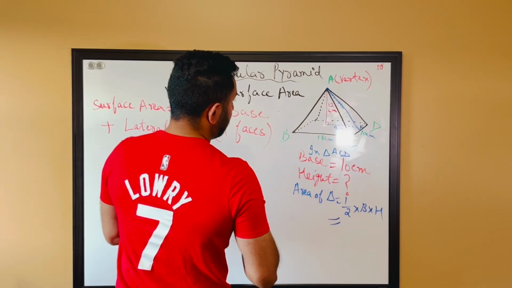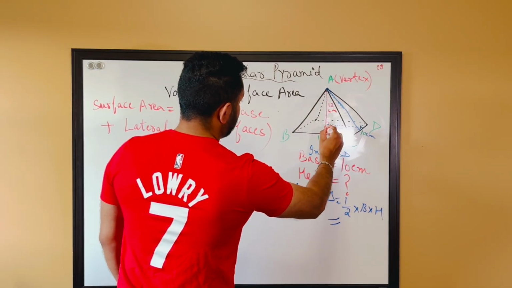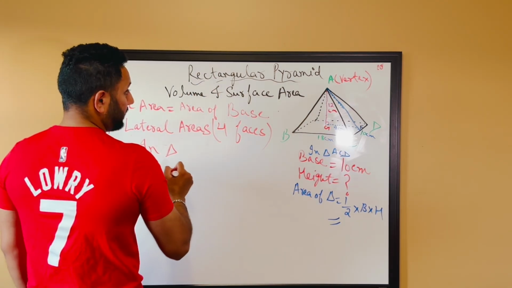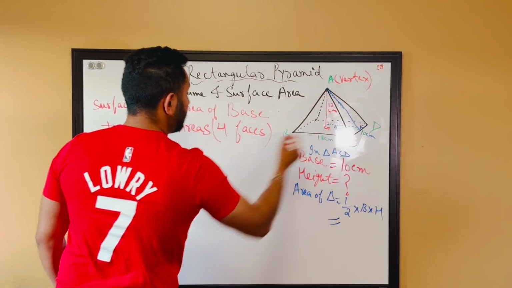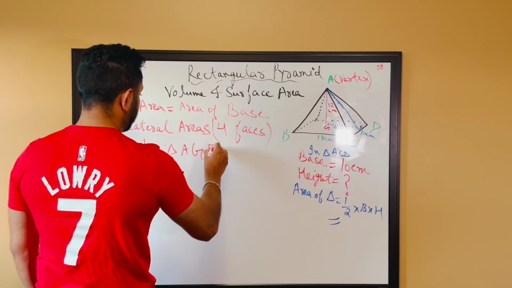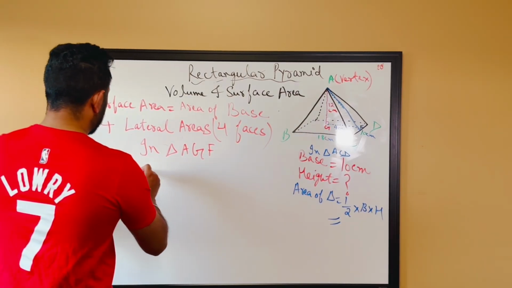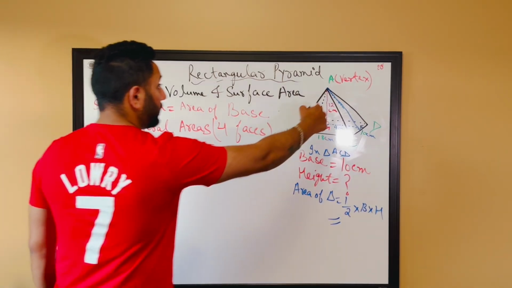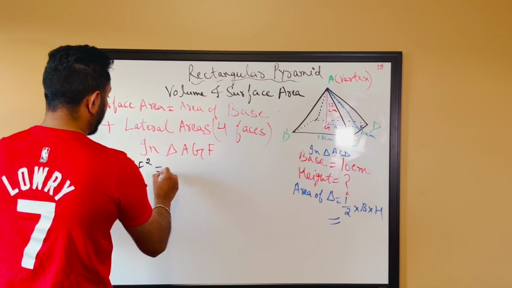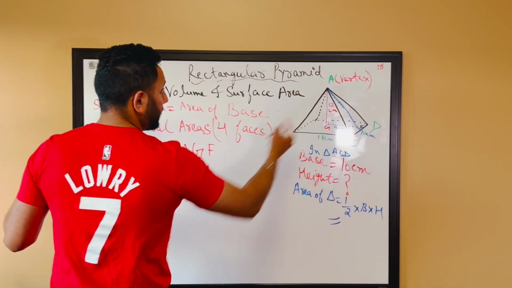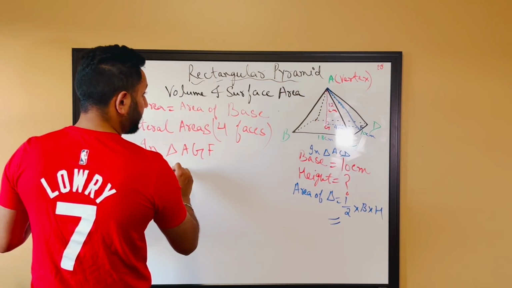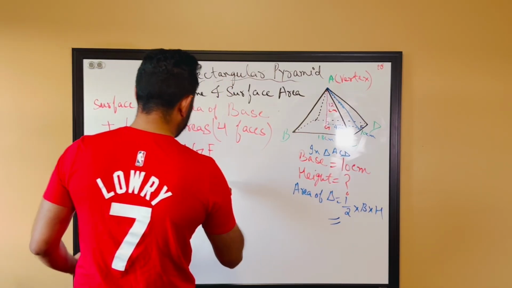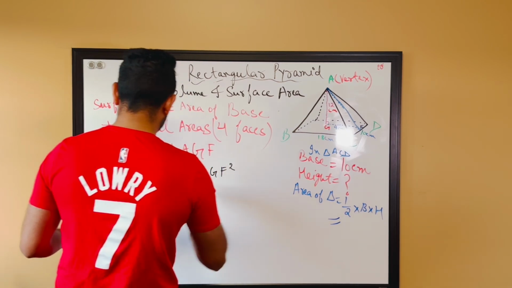So in triangle AGF, AF square, which is hypotenuse and also the slant height, equals the perpendicular AG square plus base GF square.